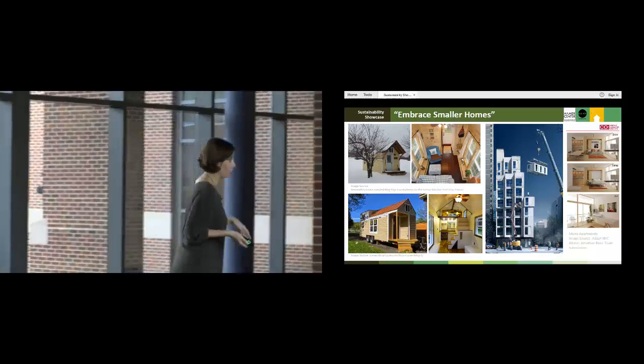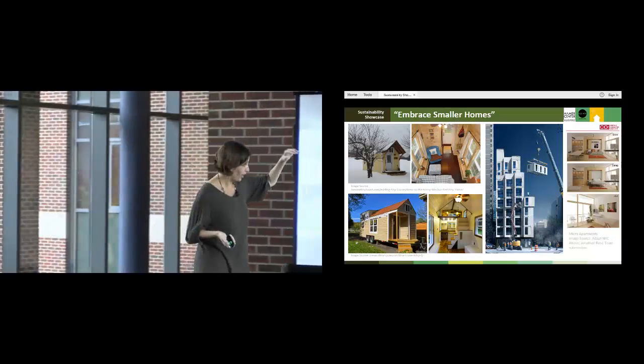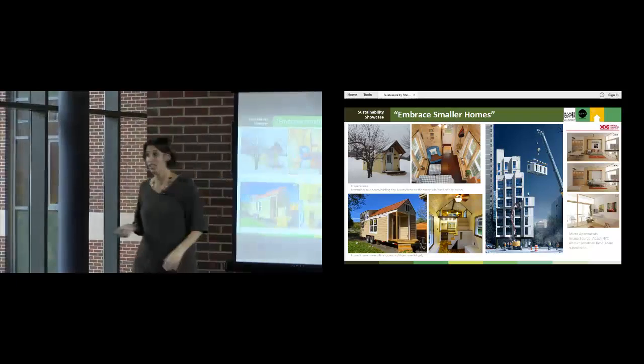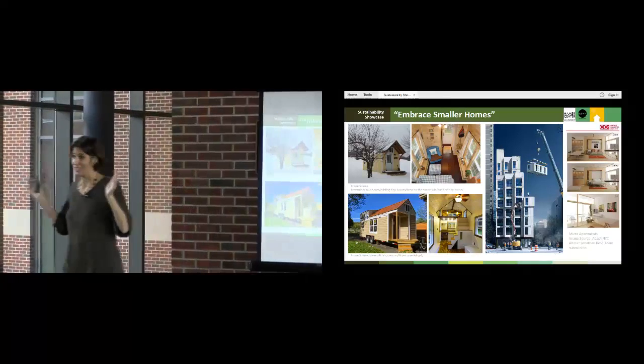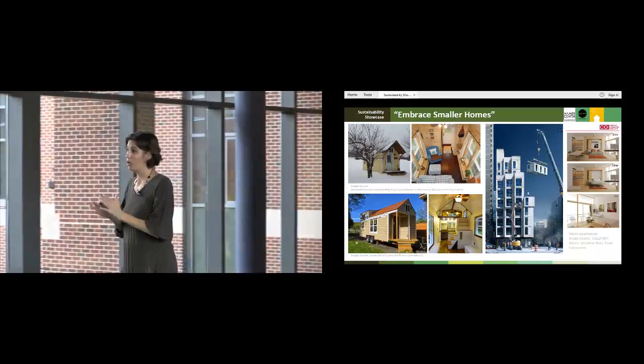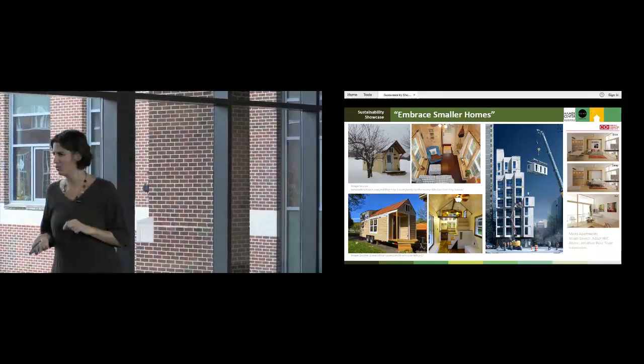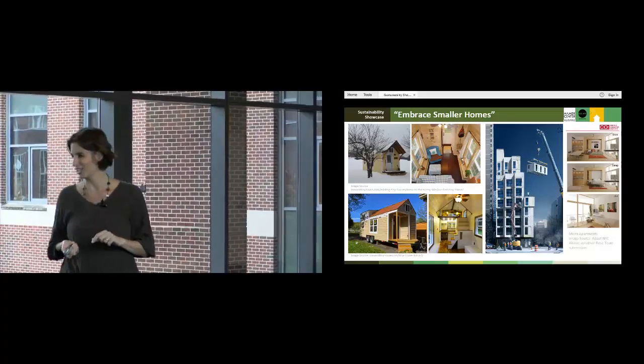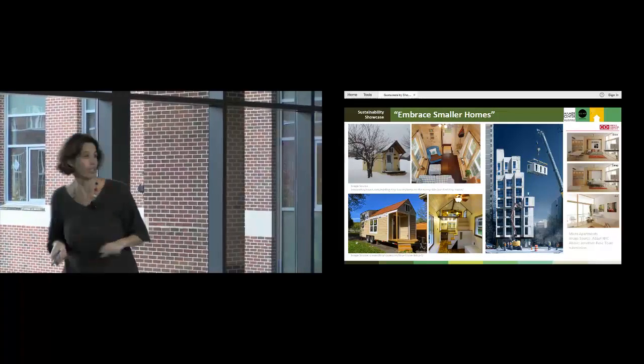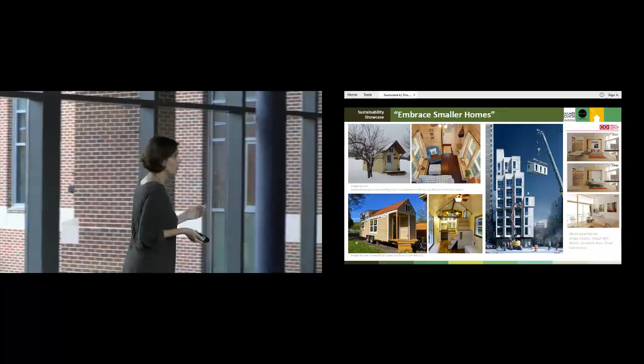In cities like New York City and Toronto and mega cities in Asia, by necessity, houses are getting smaller and smaller. Apartments are getting smaller and smaller. We can talk about affordability here and whether that's actually making for more affordable housing. But regardless, this is a trend.